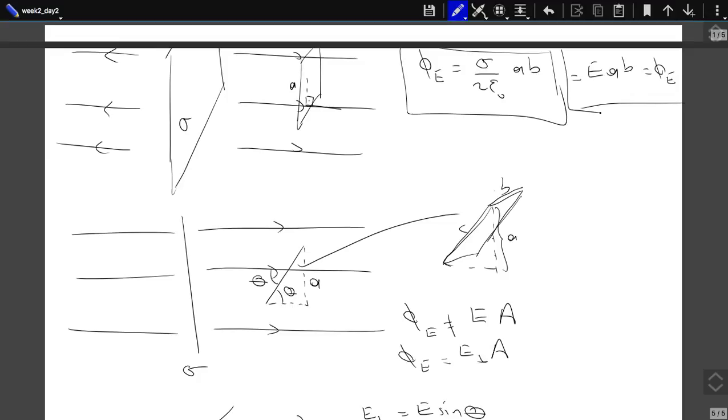It's a measure of the number of field lines passing through the area. I will come to scalar products of vectors, but I need to define one more vector to write this as a scalar product. Before that, I want this concept of the flux to be clear too.